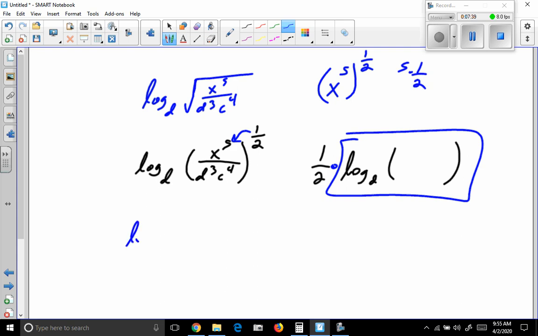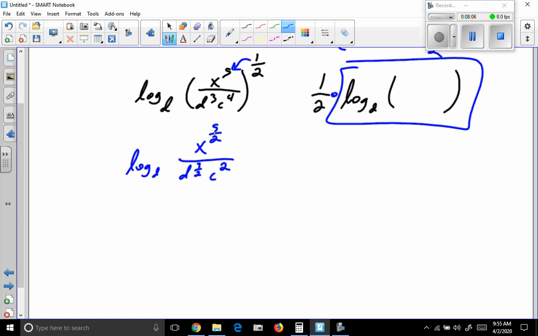So on top, that would give us x to the 5/2. On bottom, when we do this one to the 1/2, we're going to do 3 times 1/2, so 3/2. And on bottom, when we do this one to the 1/2, we're going to do 4 times 1/2, which is 2. So now that we have taken care of our exponent, now we can break this apart.